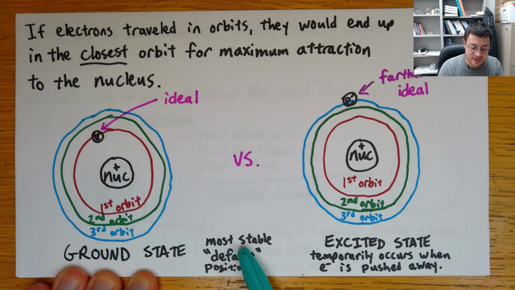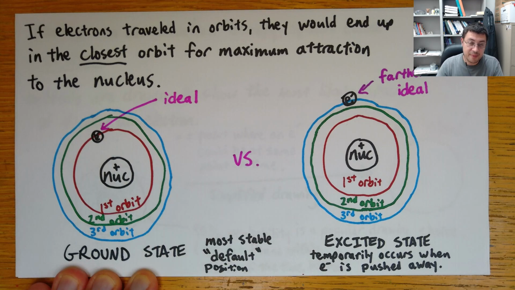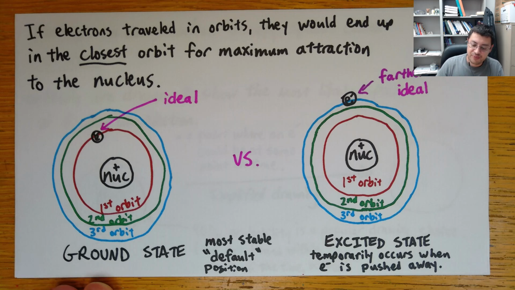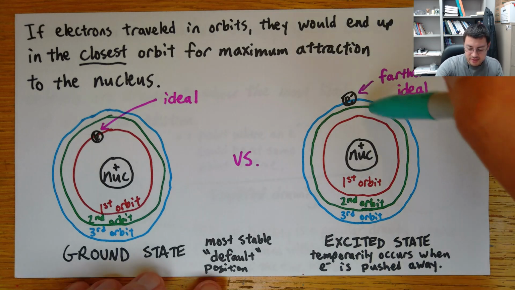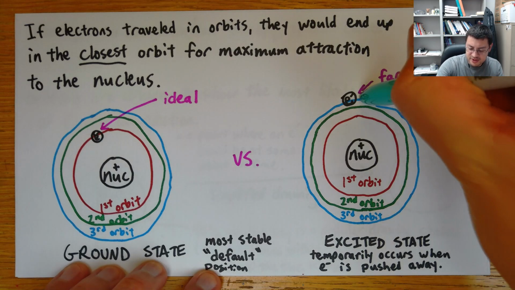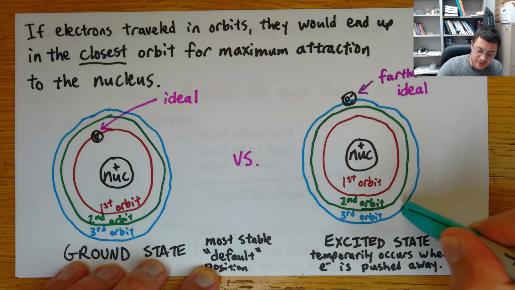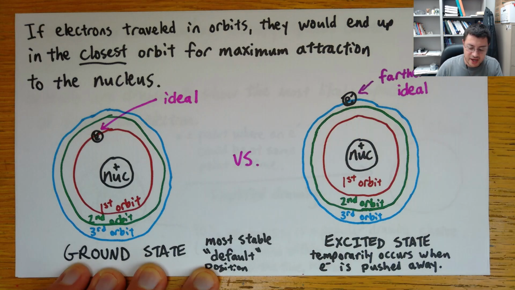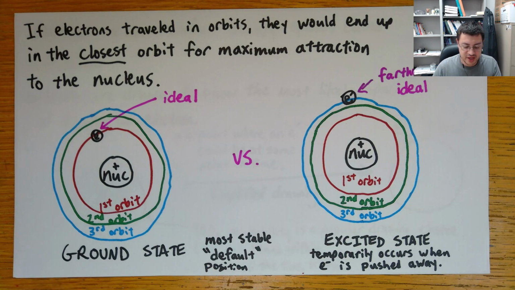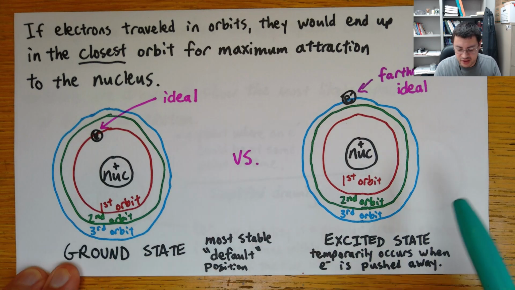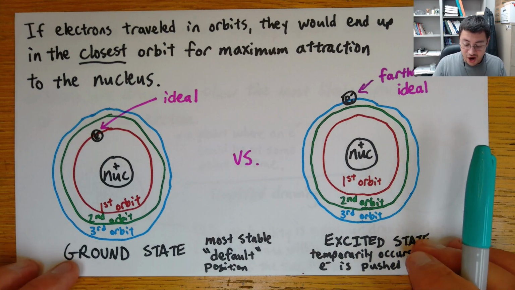And that would be our so-called default position. That's where the electron is happiest, most stable. Lowest energy, if you want to use physics terms. And like I drew in the previous slide, an electron further away, we had an outer orbit, it would find its way to going back to the closest orbit possible. Again, that's ground state versus excited state.